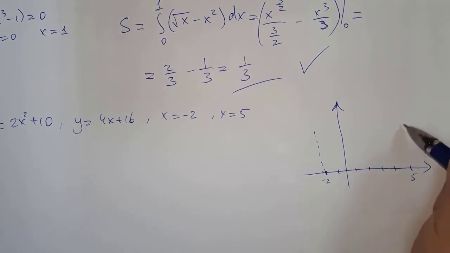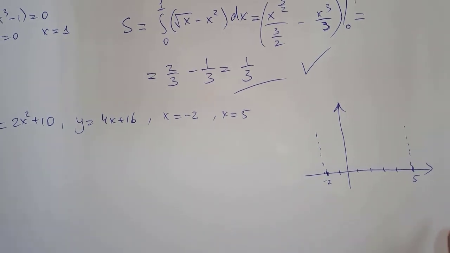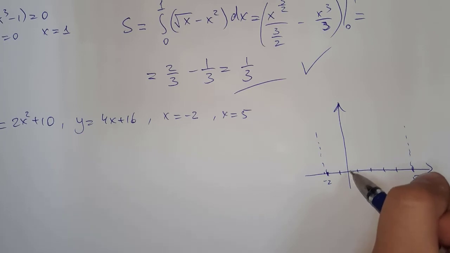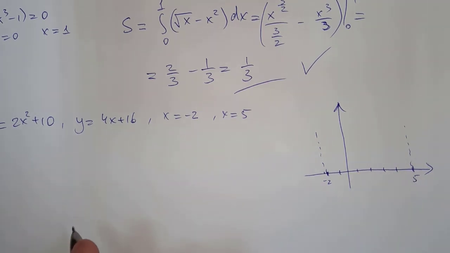Yeah, we have 5, so they are the bounds. And we also have these two functions, 2x squared plus 10 and 4x plus 16. When x is 0, it is 10. So we have the least value is 10. Let me make a little change.